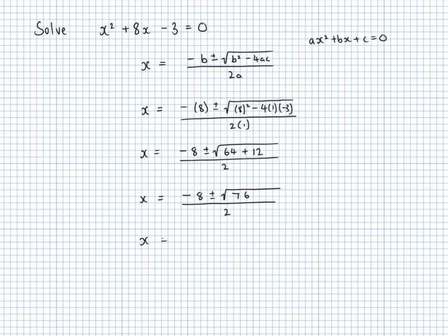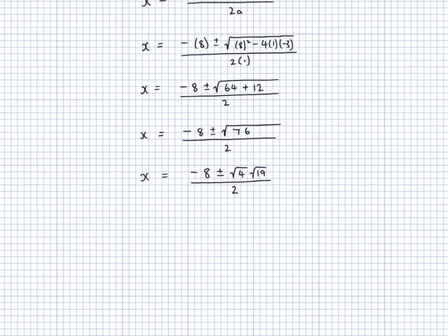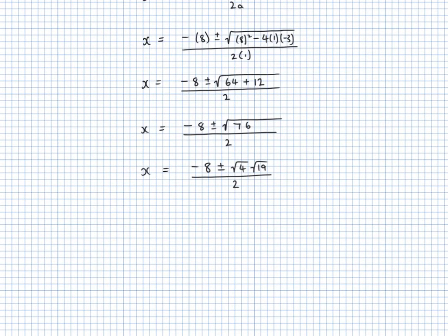So x equals negative 8 plus or minus the square root of 4 times the square root of 19, because 4 times 19 is 76, over 2. If I carry on, I have x is equal to negative 8 plus or minus 2 root 19 over 2.